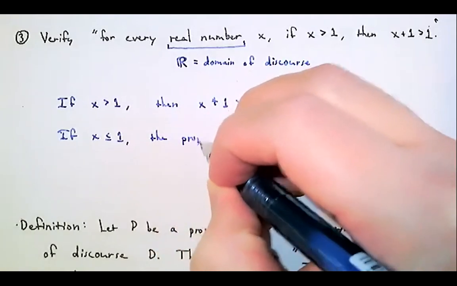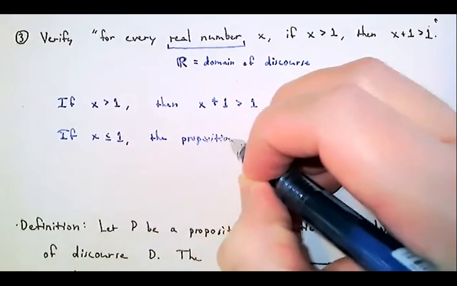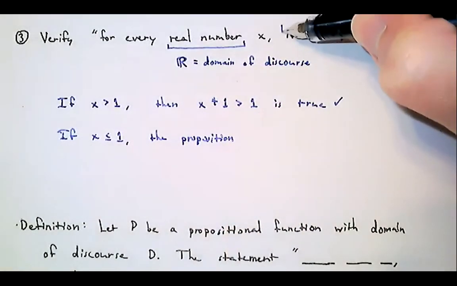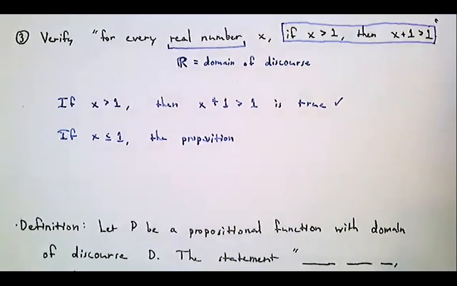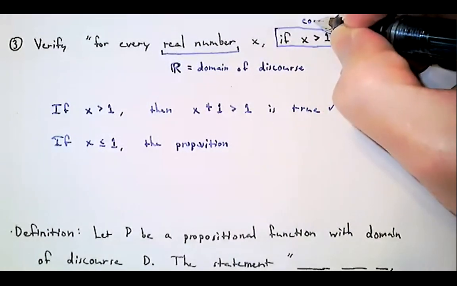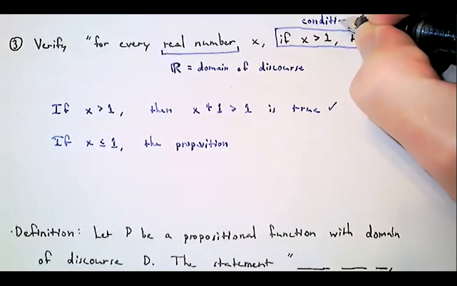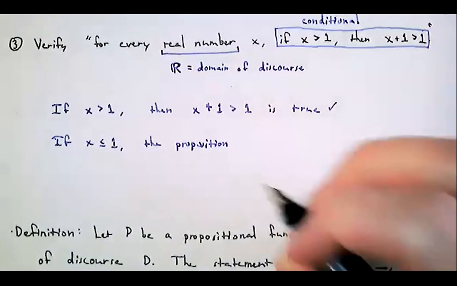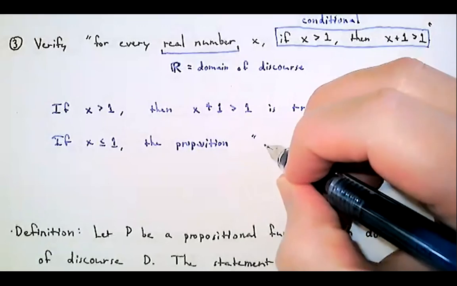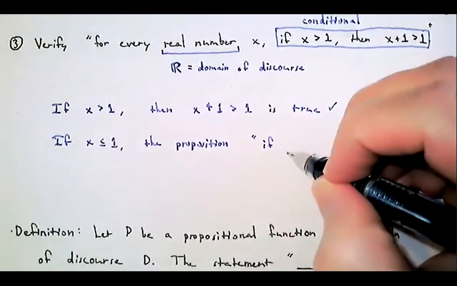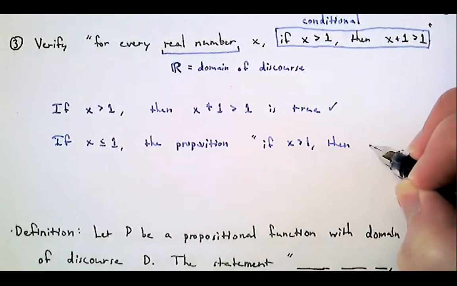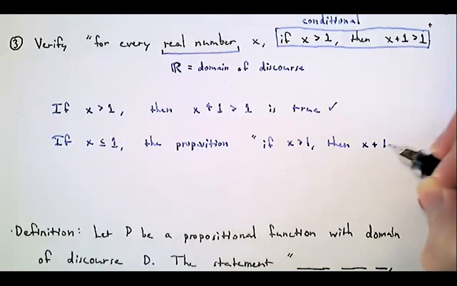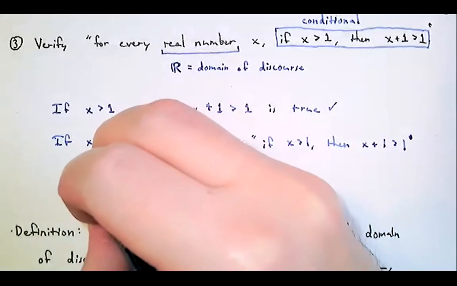Well, we have to be a bit careful here because the propositional function, the thing that I'm plugging x into, is actually a conditional statement. So the proposition, if x is greater than 1, then x plus 1 is greater than 1, has a false hypothesis.